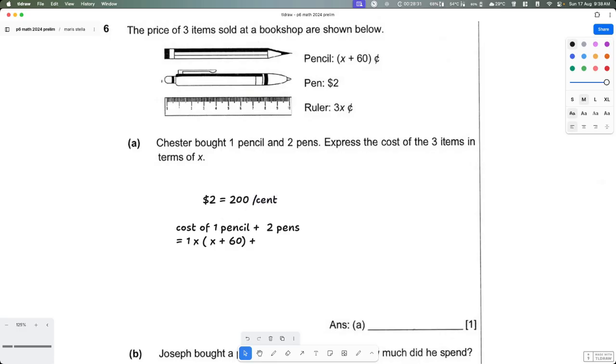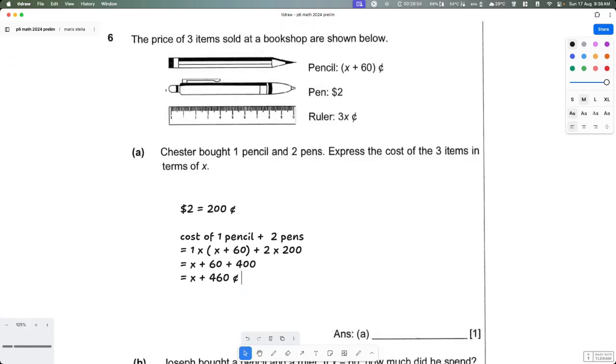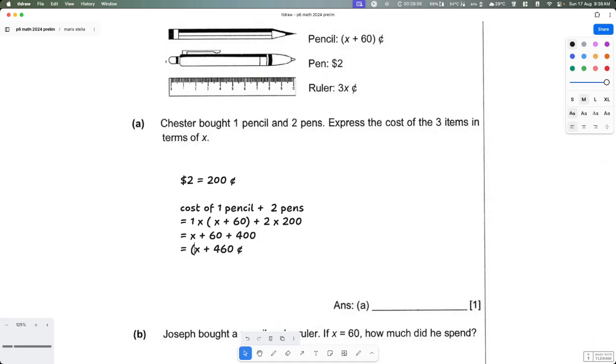So that means we can have 2 times 200. That will be 1X plus 60 cents plus 400, so it will be X plus 460 cents. There you go. We can bracket this as well, 460 cents.